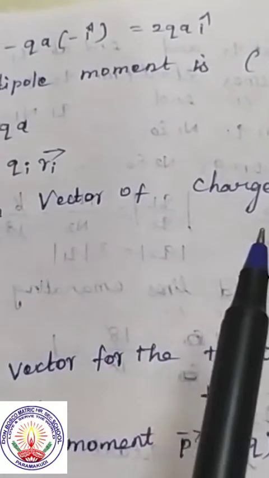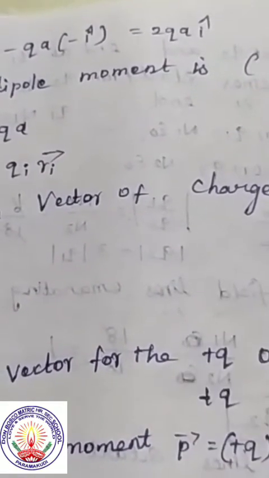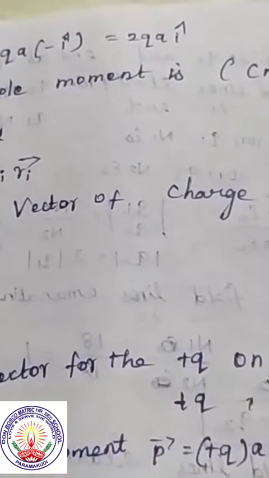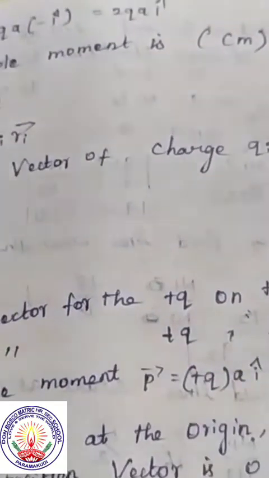So this is an important 3-mark question. So define electric dipole. If this question is asked, you have to write first the definition, then example, then expression. That's all. The next, example 10. Look at this question.